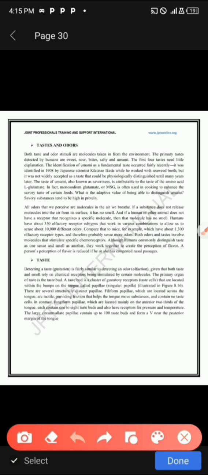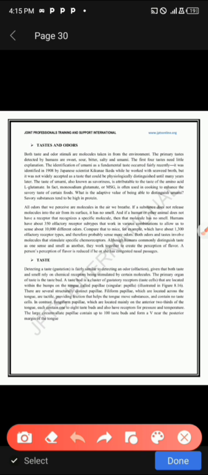If a substance does not release molecules into the air from its surface, it has no smell. Example, perfume. When you spread perfume, you see that something must have spread.